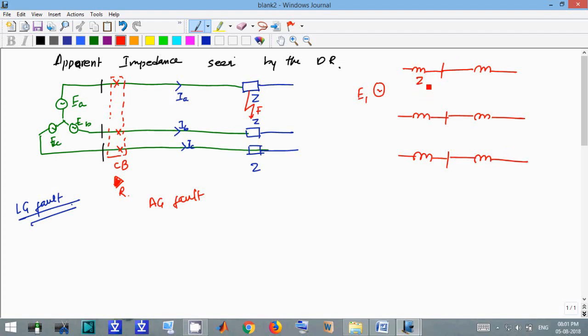Say this is our source impedance 1, this is the negative sequence component, and this is the zero sequence component, and this is our line impedance Z1, Z2, and Z0. For a transmission line, Z1 equals Z2.